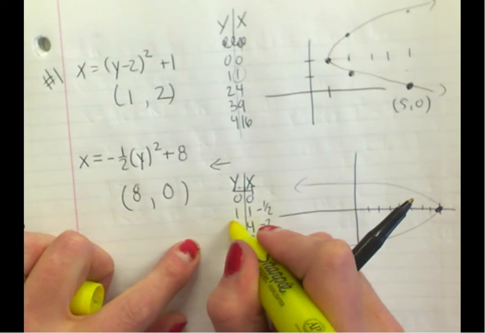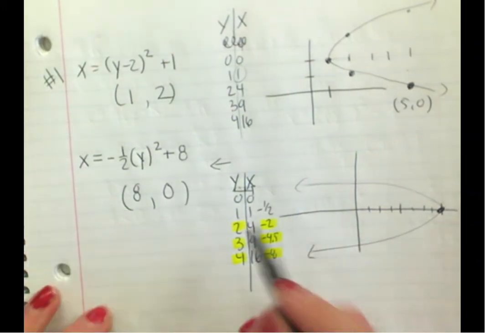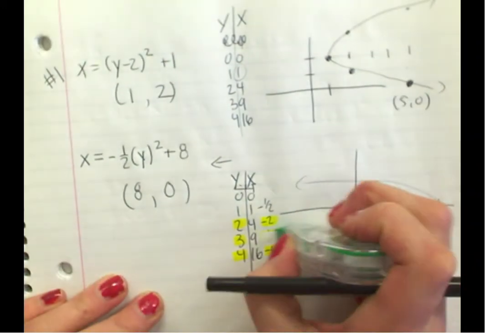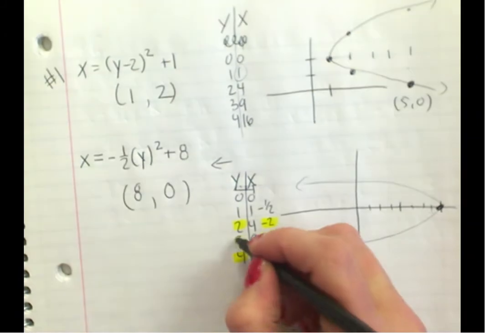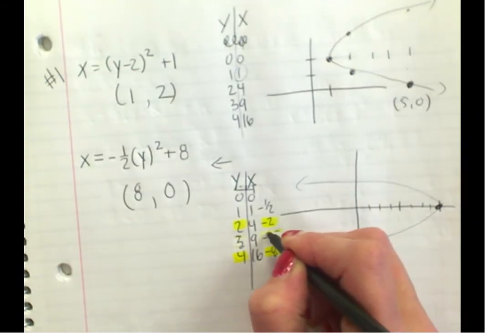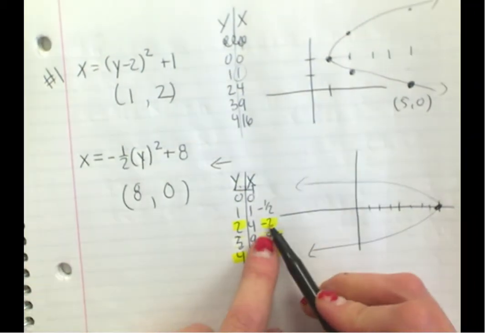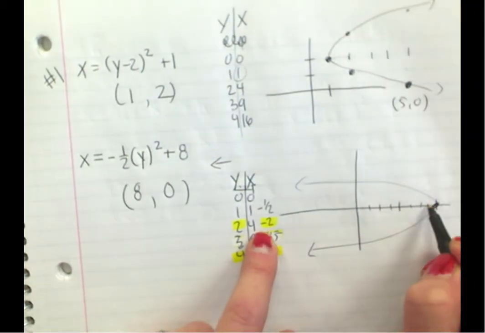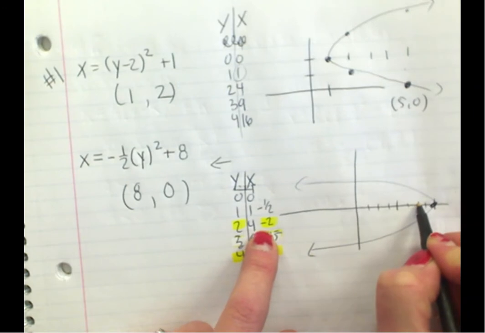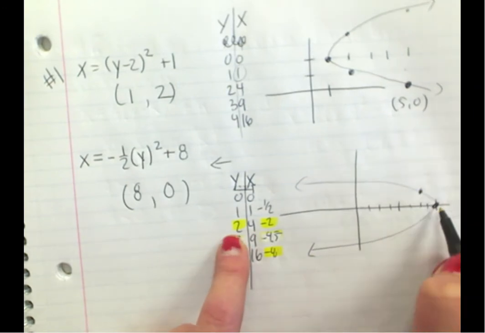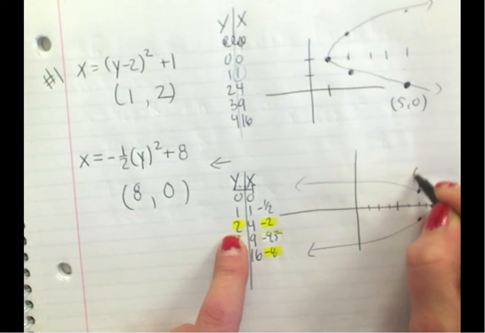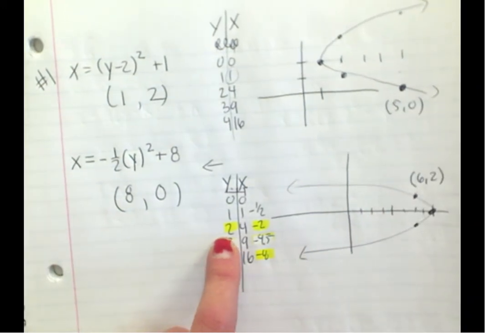Oops, sorry, I shouldn't even have highlighted that. And I may have, whatever, you'll see in a second. Okay, here we go. The X's are going to go left 2, up 2. Okay, so left 2, up 2. That's a 6, 2.